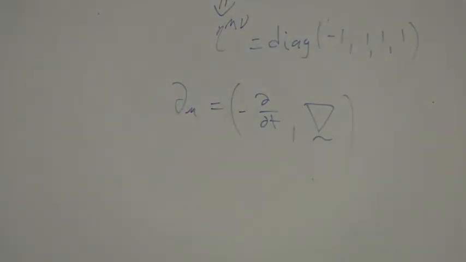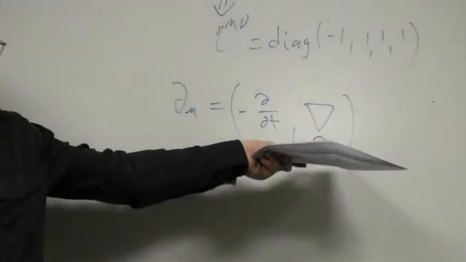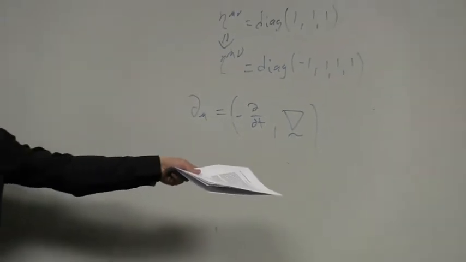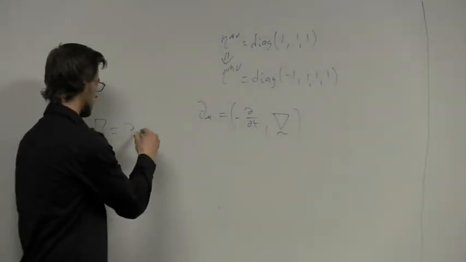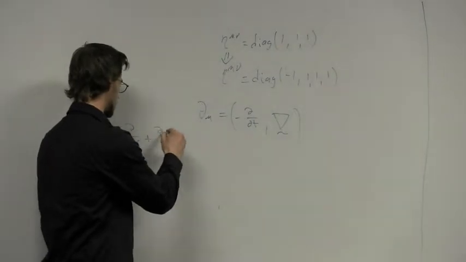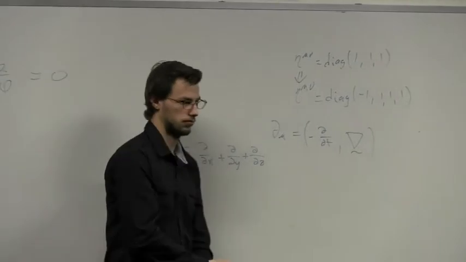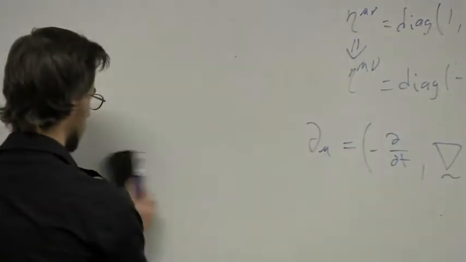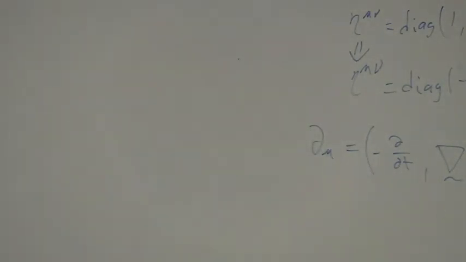Alright, and so this is your partial derivative with respect to time, and that's your space, nabla. Have you all seen nabla before? Okay, nabla, at least in Cartesian coordinates, like that.